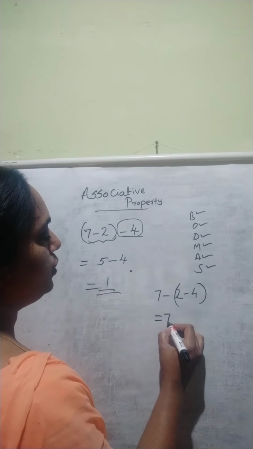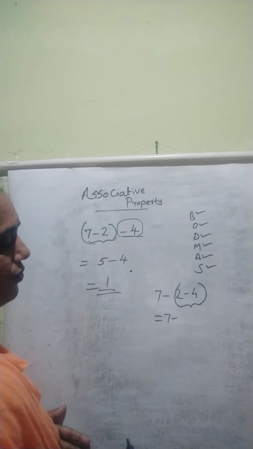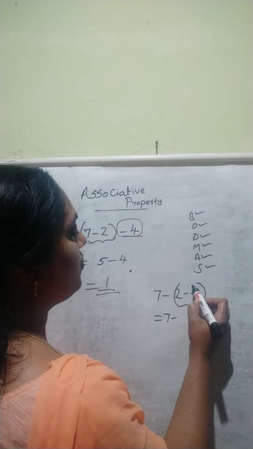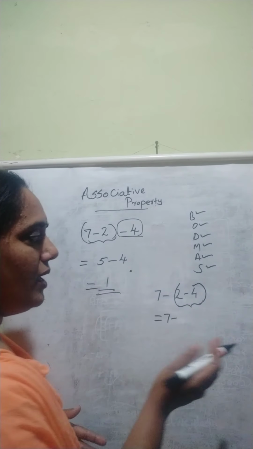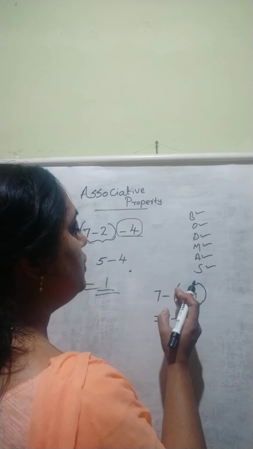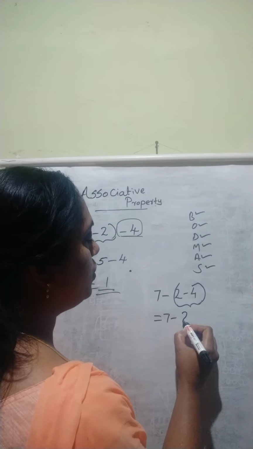Now we can change the bracket, that is 7 minus (2 minus 4). First we have to do the calculation in the bracket, that is 2 minus 4. Here the greater number is 4, and 2 is smaller than 4. So we take away 2 from 4. So 4 minus 2 is equal to 2.